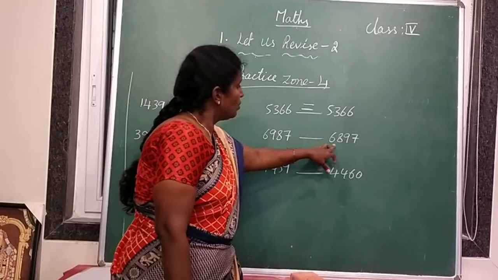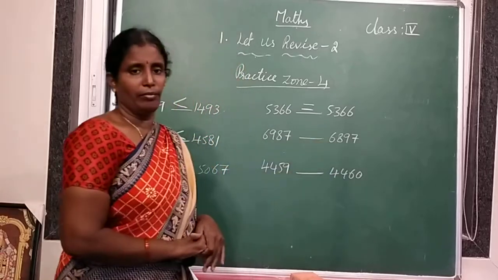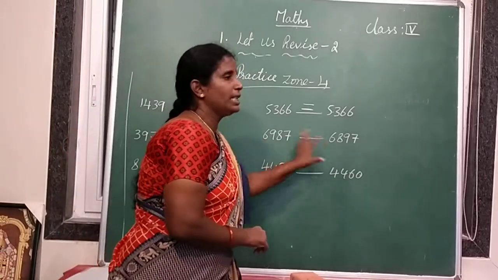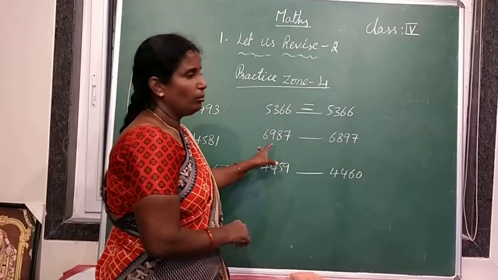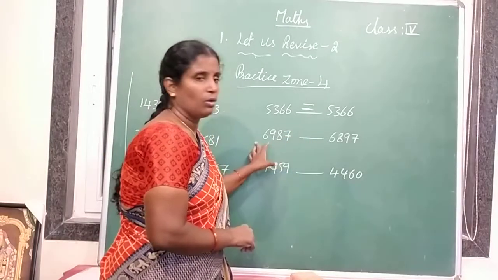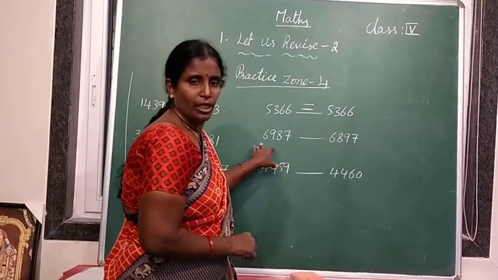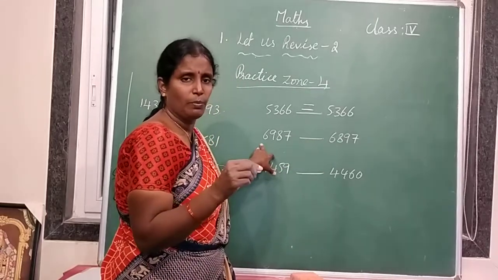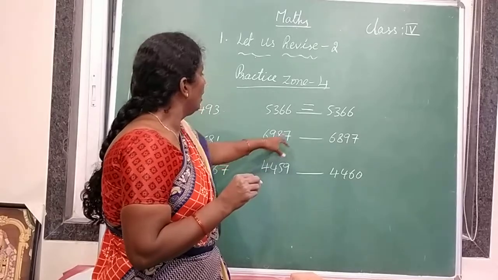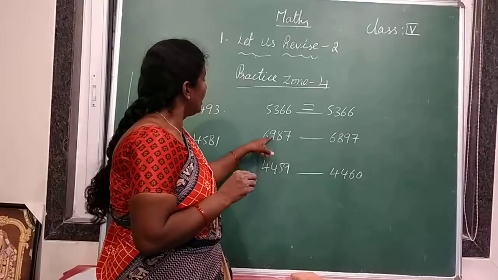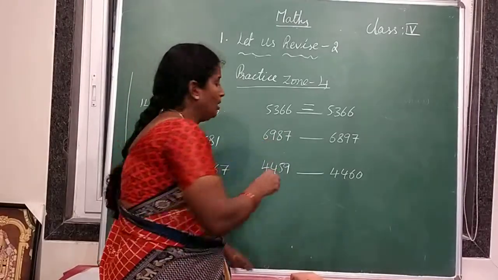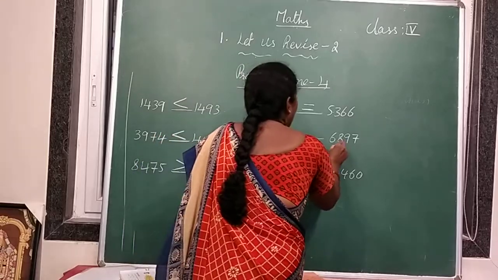6987, 6897. So both 4-digit numbers only, but 6, 6. Both are same. If the same digit in thousands place, then we have to check the hundreds place digit. What is in hundreds place here? 9, 8.